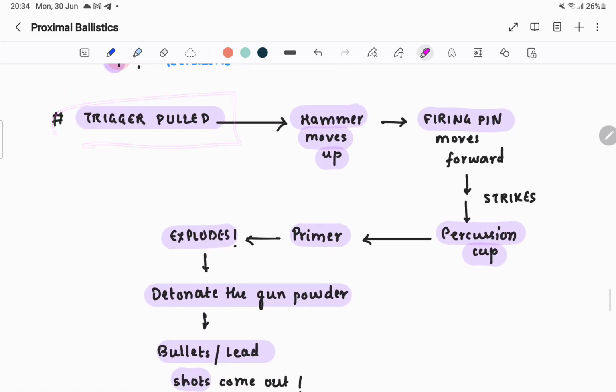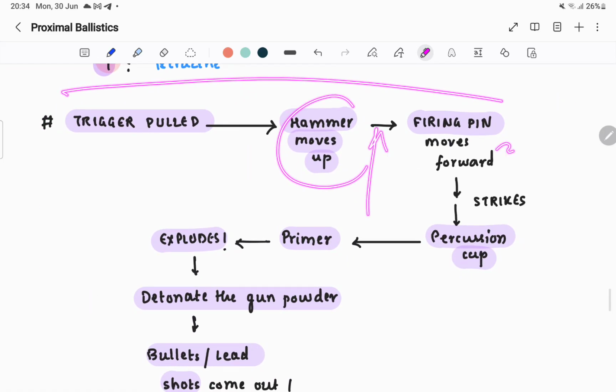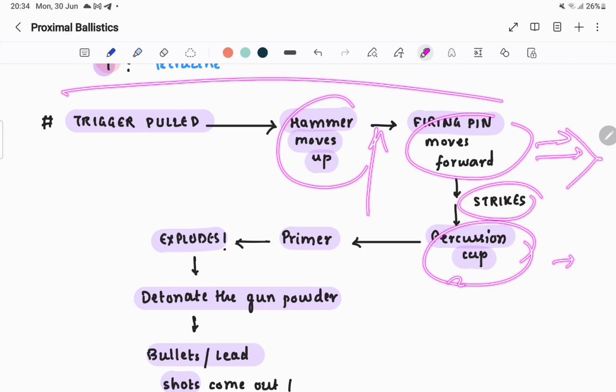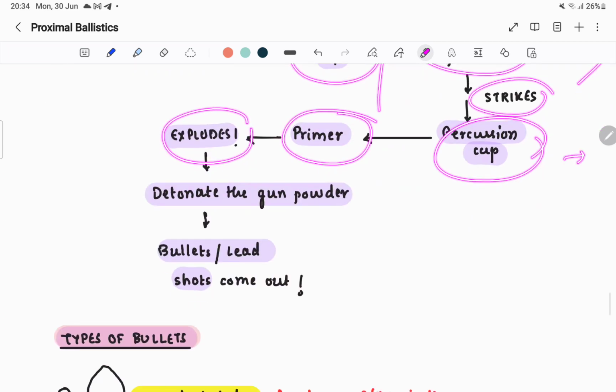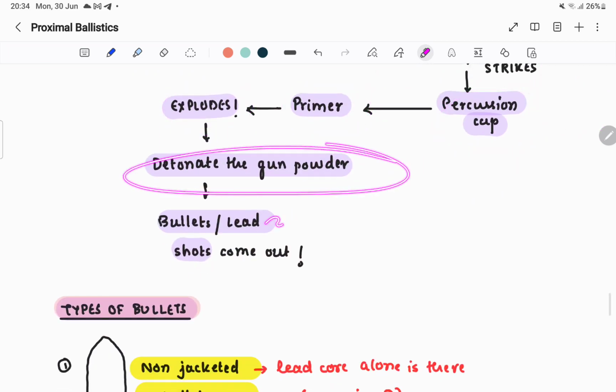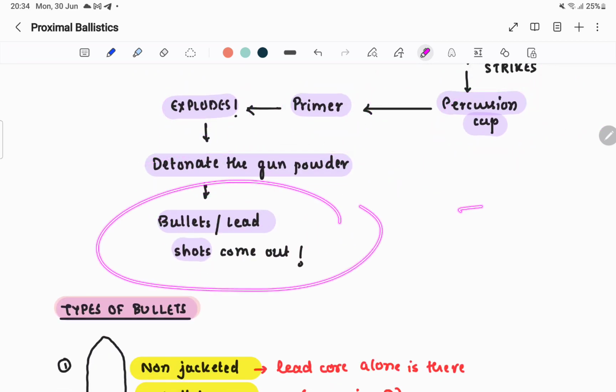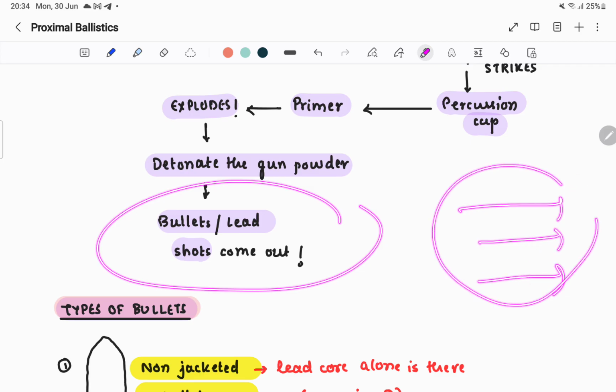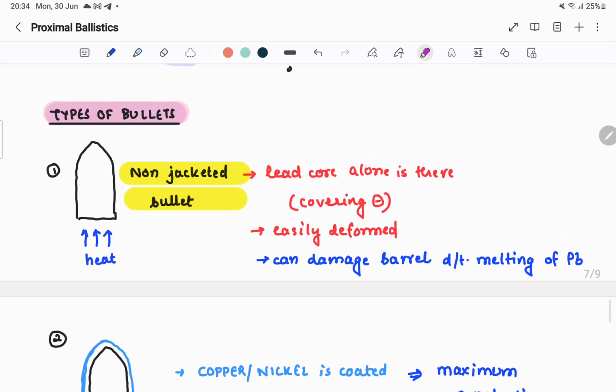The mechanism of action: trigger pulled, hammer moves up, firing pin moves forward, the percussion pin strikes the percussion cup. The primer explodes, it detonates the gunpowder, and the bullet comes out.